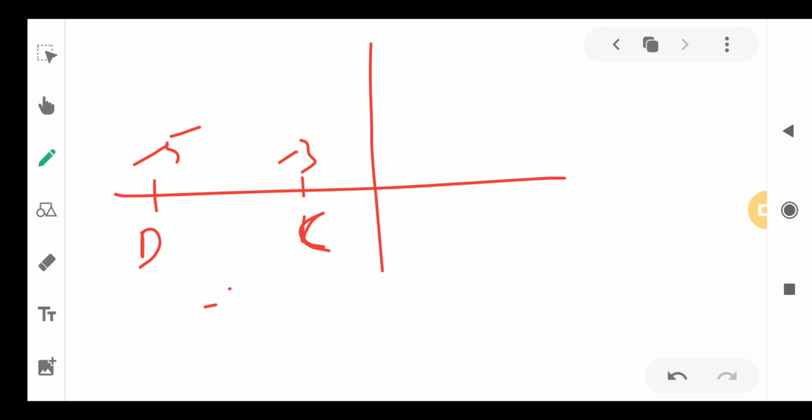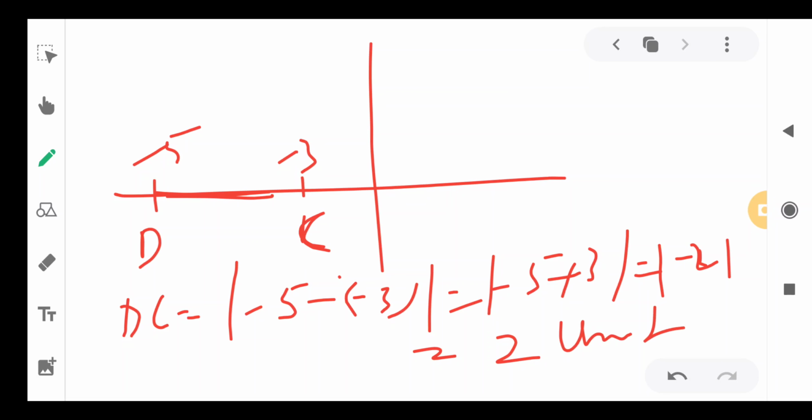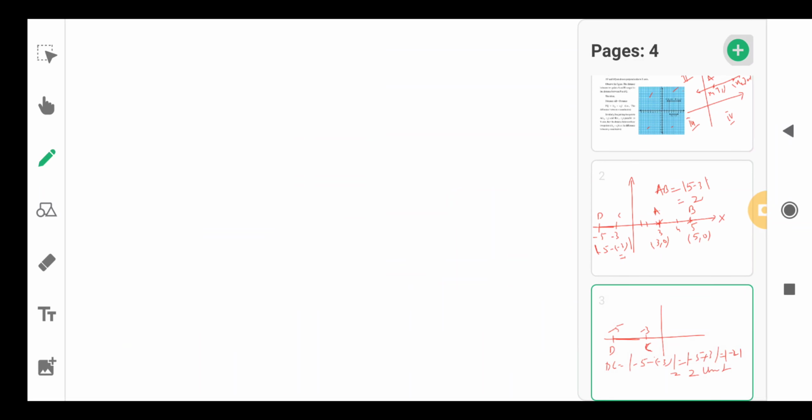No, sorry, one minute. Because if I take D minus C, the distance DC will be modulus of minus 5 minus of minus 3, which is modulus of minus 5 plus 3. This will be minus 2 on this side. But distance cannot be negative. Therefore, we take it as 2 units, positive units. That's the reason we put the bar between the points.